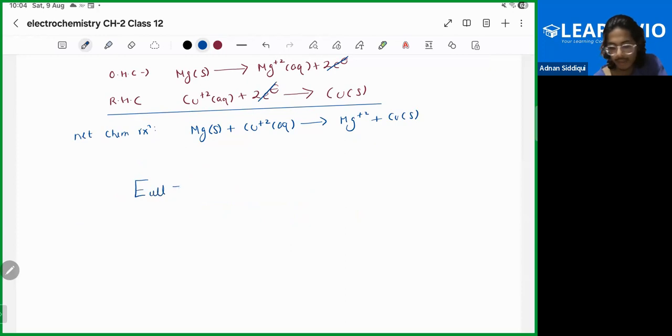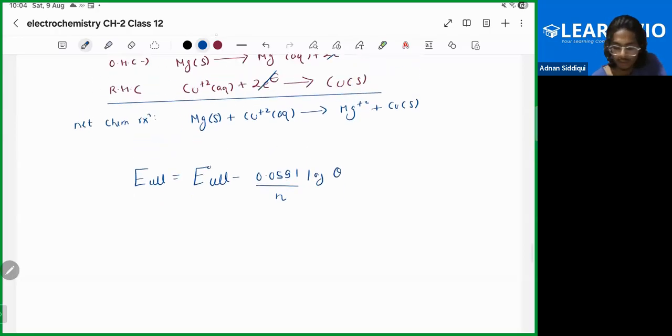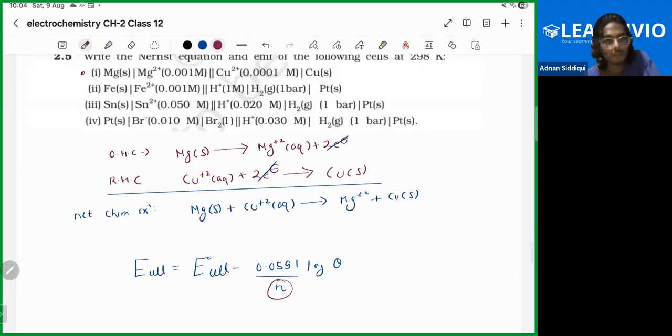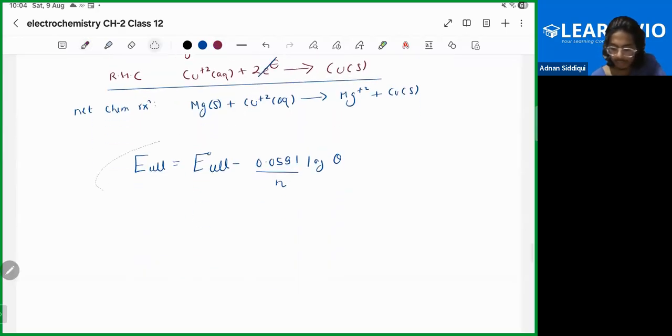E cell is equal to E naught cell minus 0.0591 divided by n log theta. So tell me what is the value of n here? How many electrons are you observing? Two. So for n you have two.